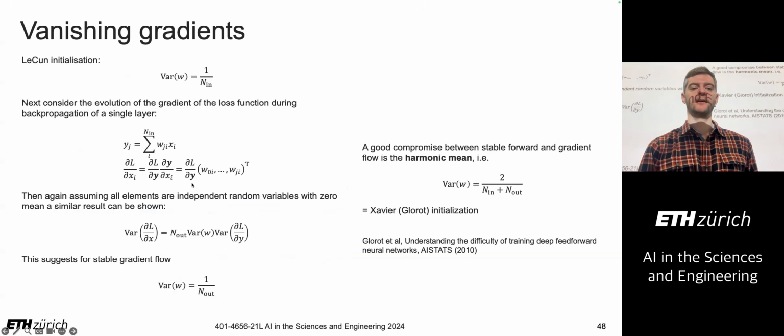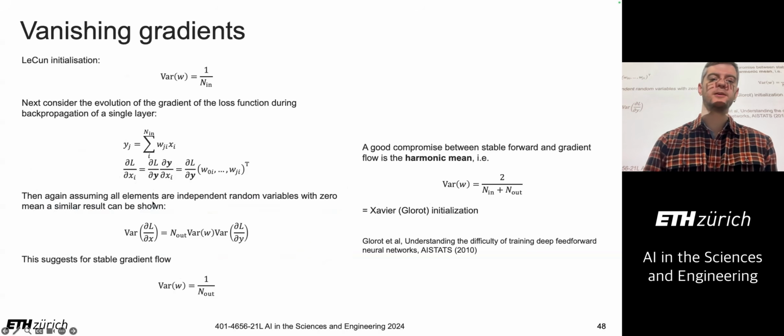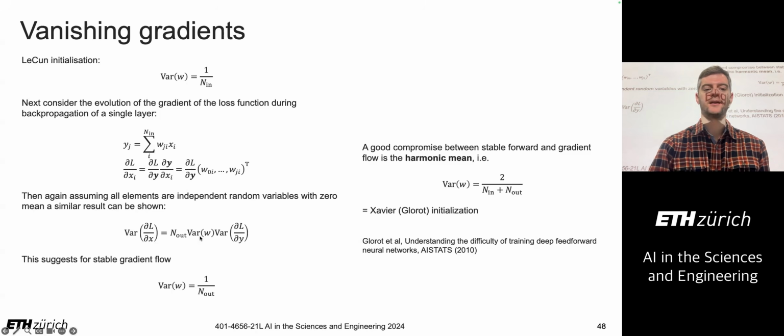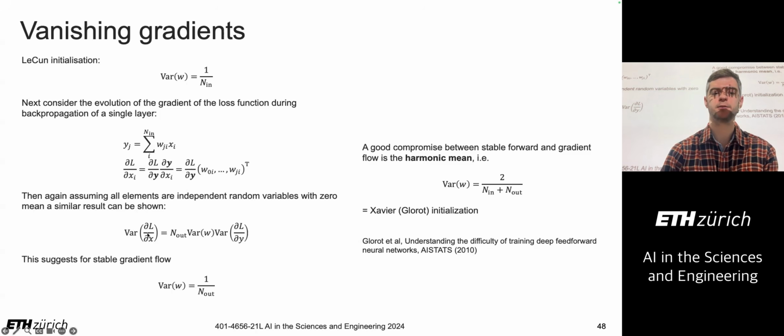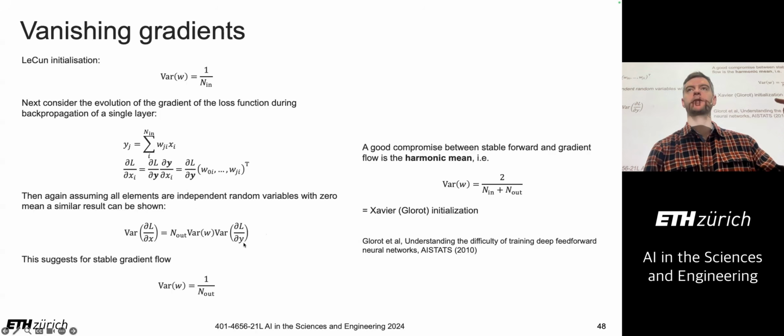So we say dl by dx is dl by dy, dy by dx, where this is an intermediate layer with this layer function here. And you can do the same thing where you assume that these gradients are random variables, and do the same variance analysis on what we expect the gradient with respect to the inputs compared to the gradient with respect to the outputs of the layer.